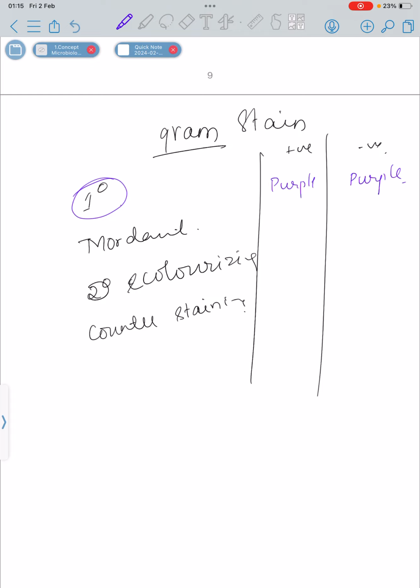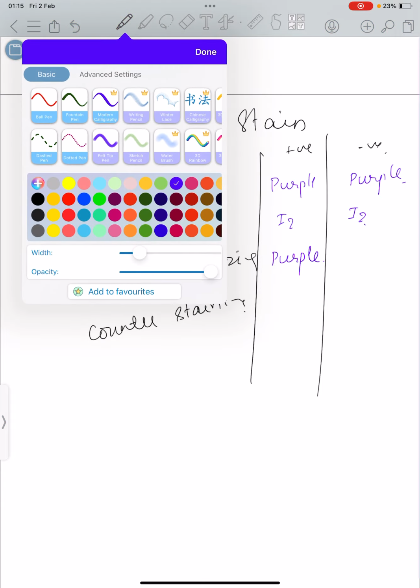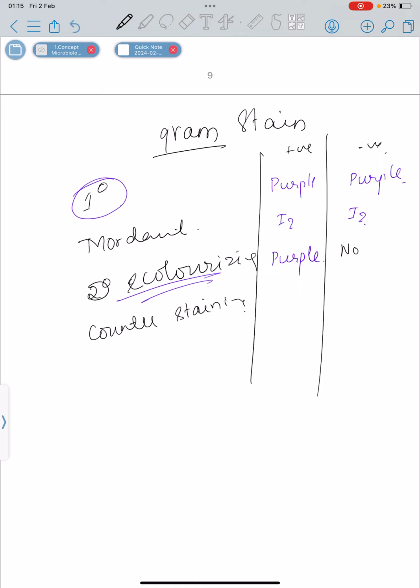When we applied iodine, to both. Then when we did decolorizing, gram positive retained the purple color. So the cells still had a purple color, but in the case of gram negative, it was no color.